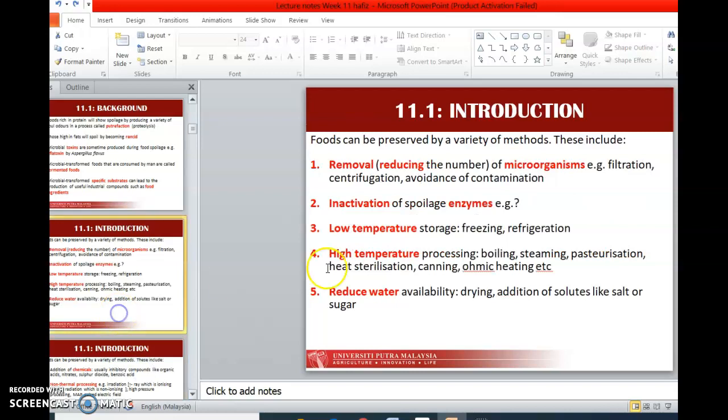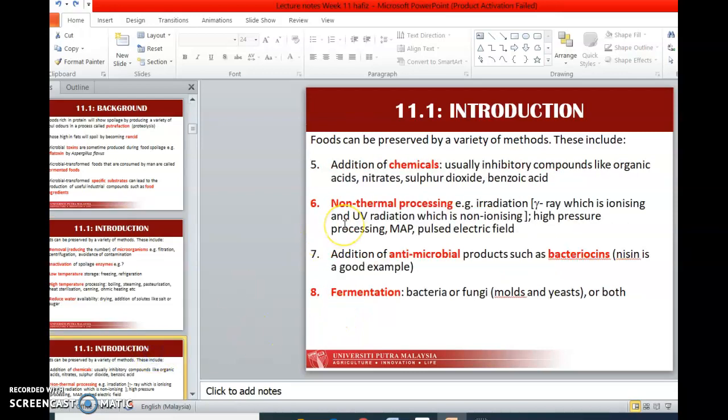So that's why sometimes food that contains a high amount of sugar, up to the point that it reduces the water activity, can last longer. They can also be preserved by adding chemicals, or by non-thermal processing, for example radiation, UV and irradiation, or the addition of antimicrobial products such as bacteriocins.